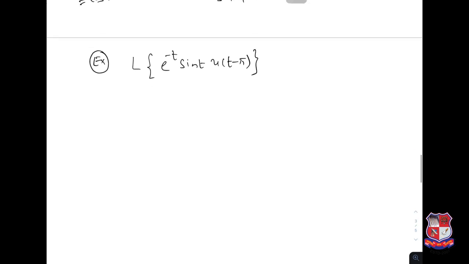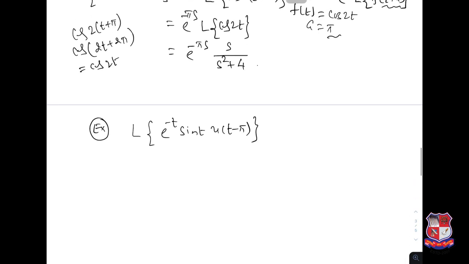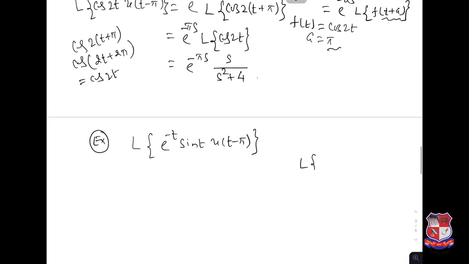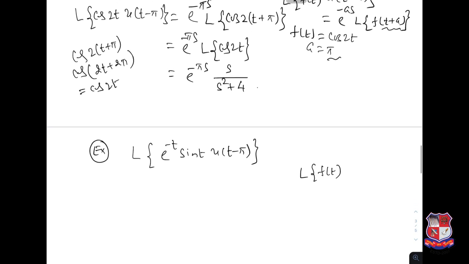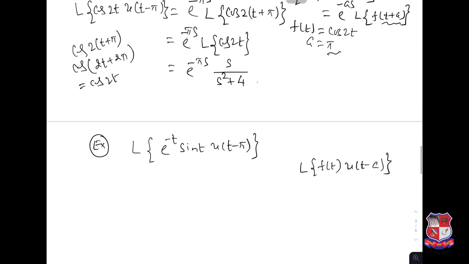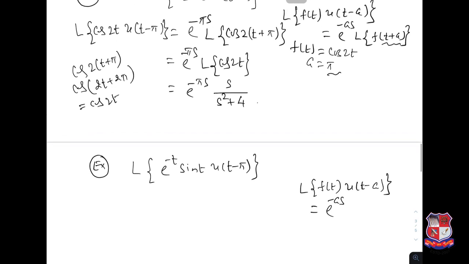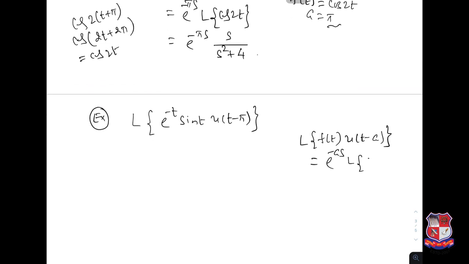So what is the second shifting theorem? Laplace transformation of f of t u of t minus a is equal to e to the power minus as Laplace transformation of f of t plus a.